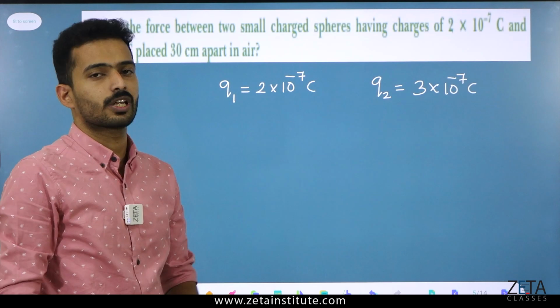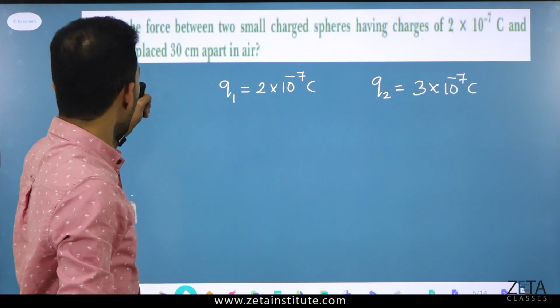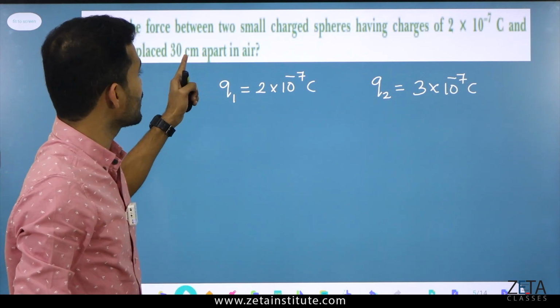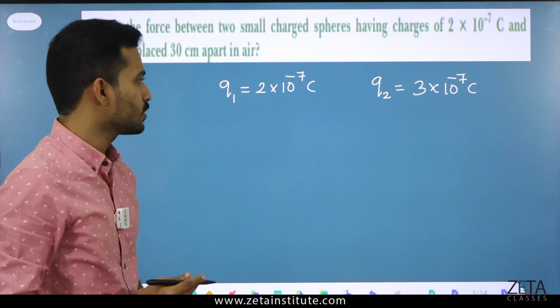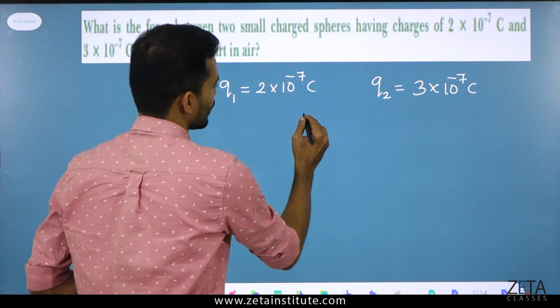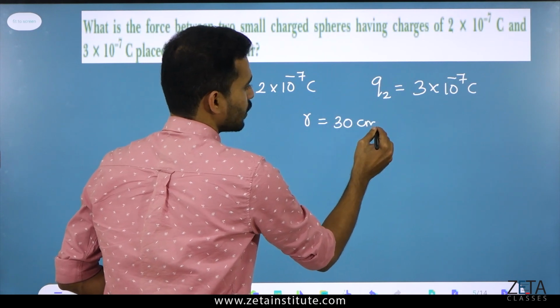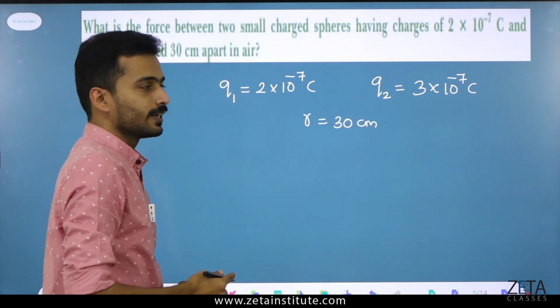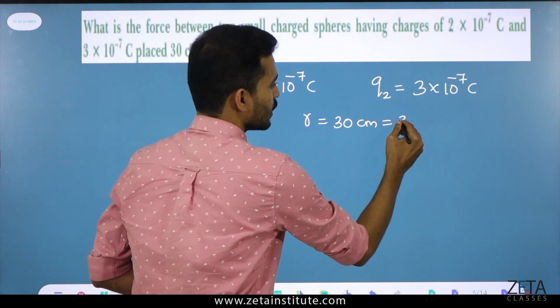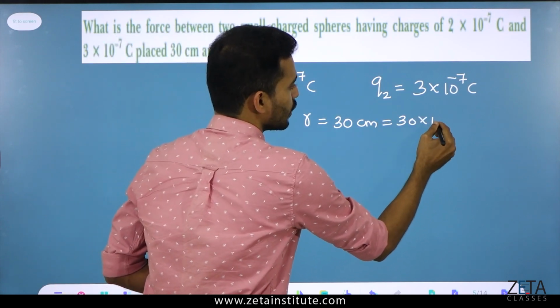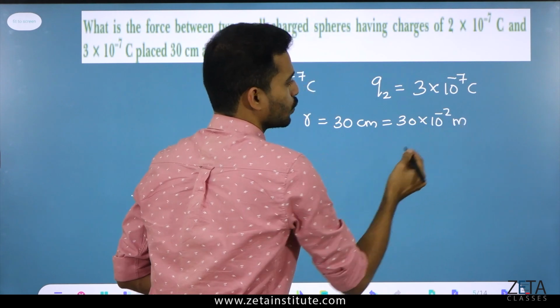And Q2 is equal to 3 into 10 raised to minus 7 Coulomb. And they are placed 30 centimeter apart in air. So, what is the value of R? The distance between two charges is 30 centimeter. You have to convert that into meter. So, how do we convert into meter? That is 30 into 10 raised to minus 2 meter.